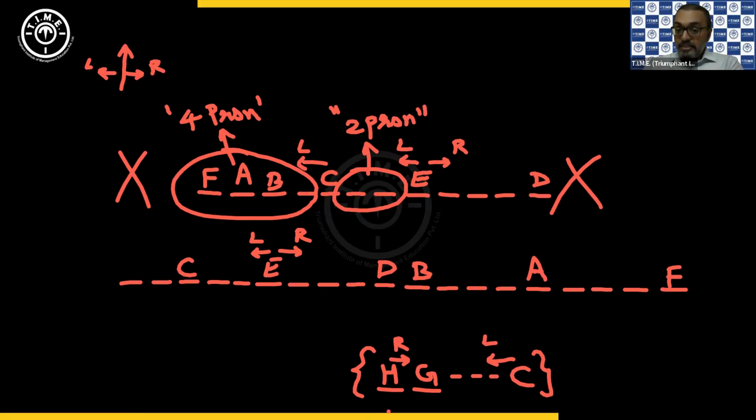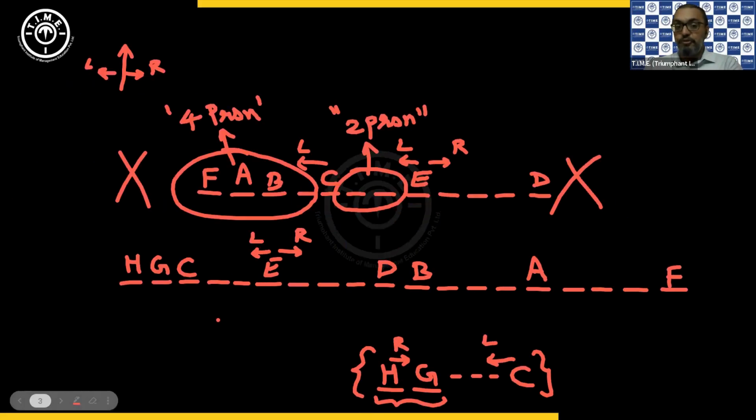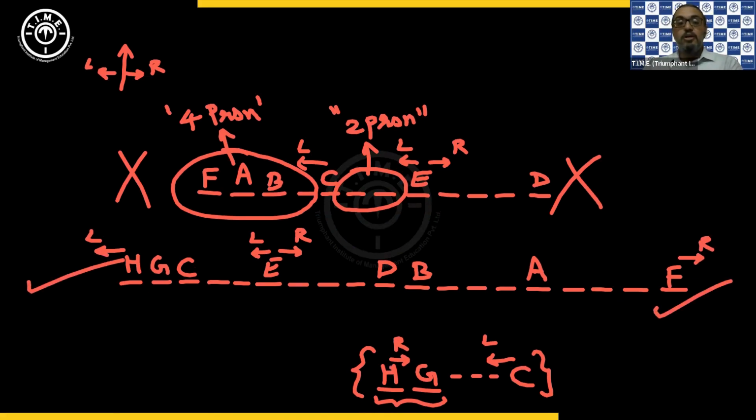Now, where do I place this H and G? In the first 2 positions, you place H and G. And then we have number of persons sitting to the left of H is same as number of persons sitting to the right of F. So left of H right now is 0. Right of F right now is 0. So I don't need to add any more positions. So these are going to be my available positions in the arrangement with some empty.